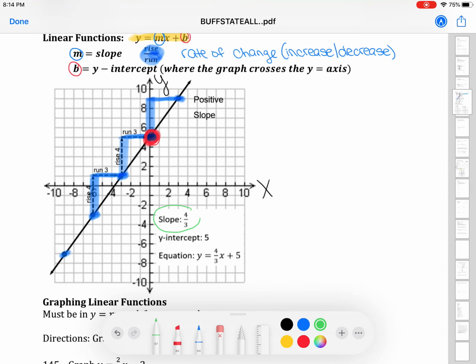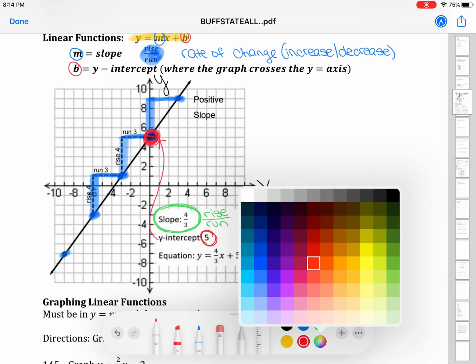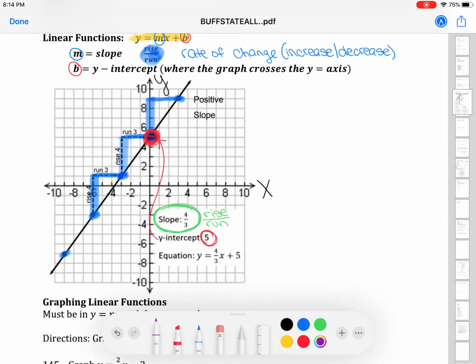So because your slope is rise over run, if you look right here, slope is 4 over 3 because it was rising 4 and then running 3. So that's where the slope comes from, the 4 over 3. The y-intercept is circled in red right here, and that is at a value of 5. It's right between 4 and 6, so that makes your y-intercept 5.